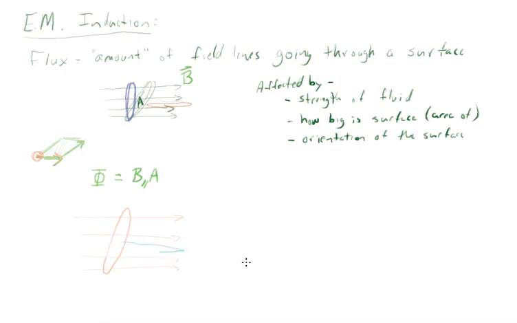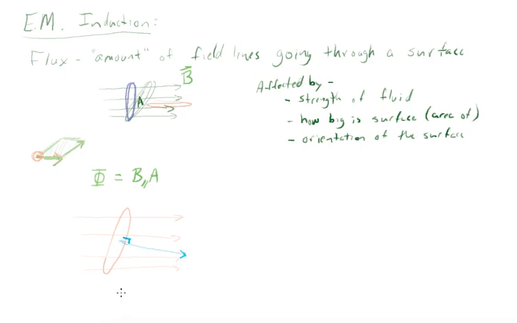Sorry, I can do a better line than that. It's going to be perpendicular to that surface. So it's going to point out this way, perpendicular to the surface. And that's the direction of the area. It's perpendicular to that surface, like that.